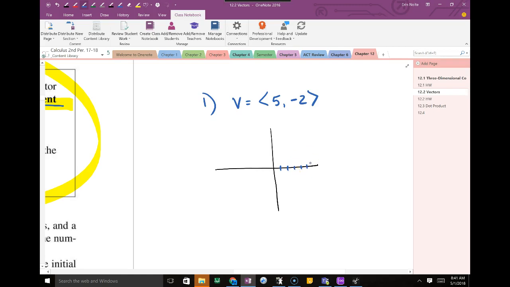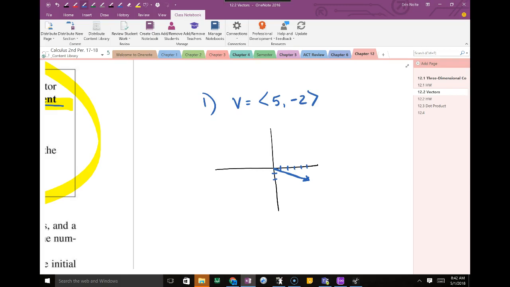So I'll show you a different scenario in a second here. Okay, and then I would go down 2, so my terminal point is going to be (5, -2). So my vector is going to start from the origin and go to that terminal point. Sorry, I did not draw that very straight. So that's a vector. When given in component form, we draw from the origin.